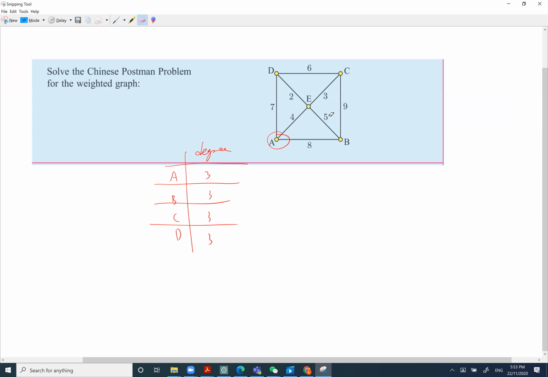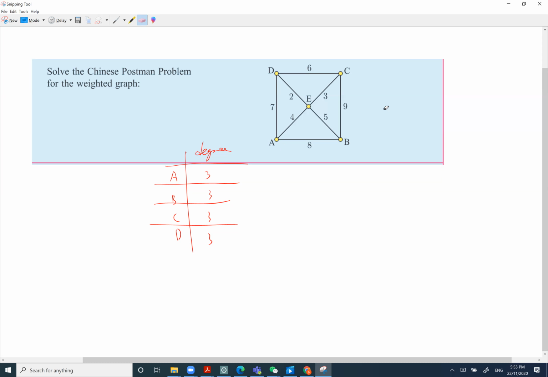That means you don't have the semi-Euler graph way. In this case, we need to check. Because they are all odd, if you start from A and travel back to A, you need to travel AB maybe twice, AB twice, because they're odd.